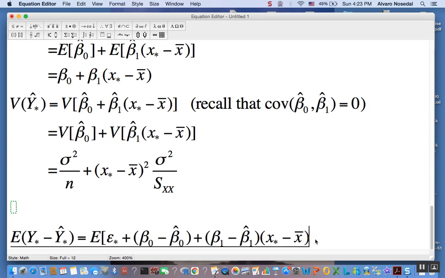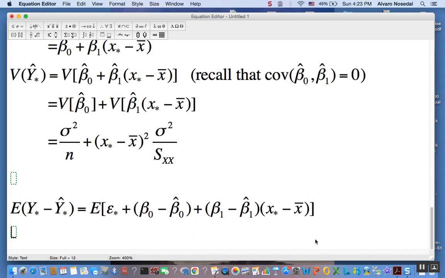Again, the expected value of a sum is the sum of expected values. So we're going to have the expected value of epsilon star. We already know that is going to be 0 by assumption. Now we are going to have the expected value of beta 0 minus beta hat 0.